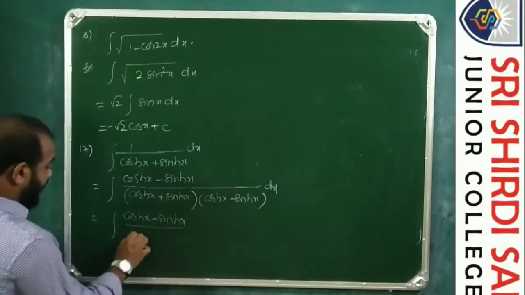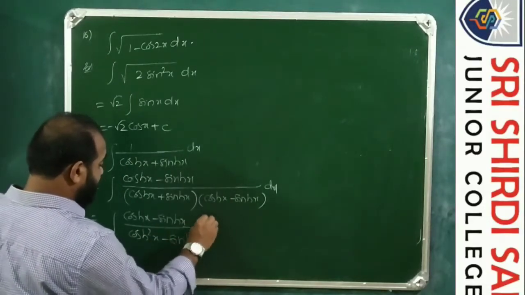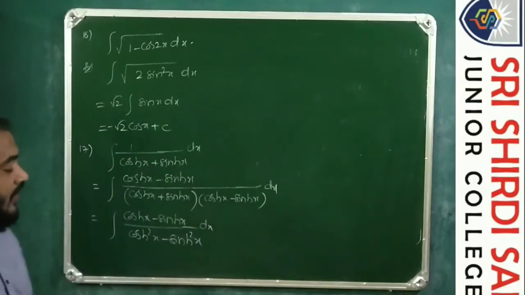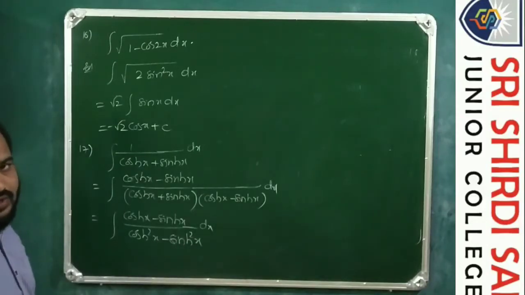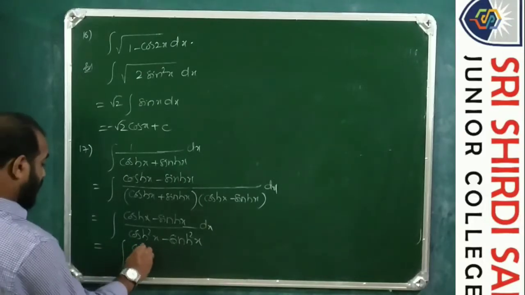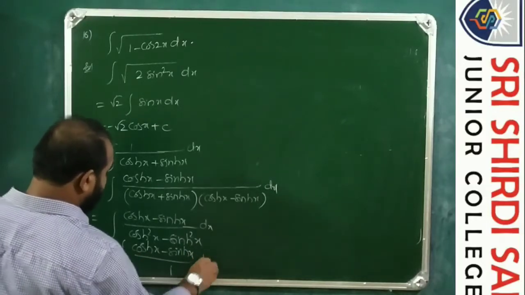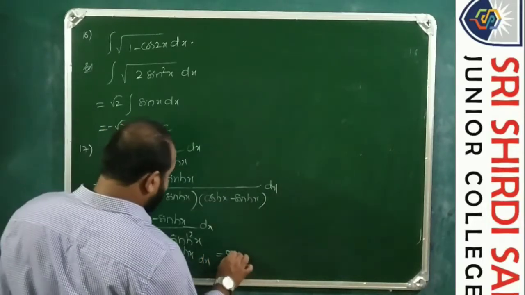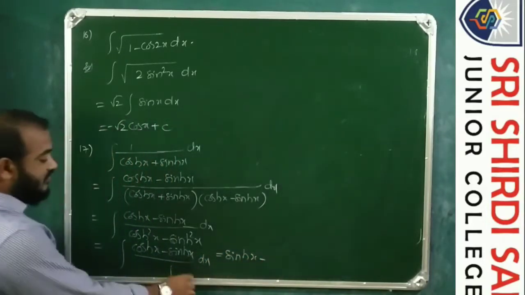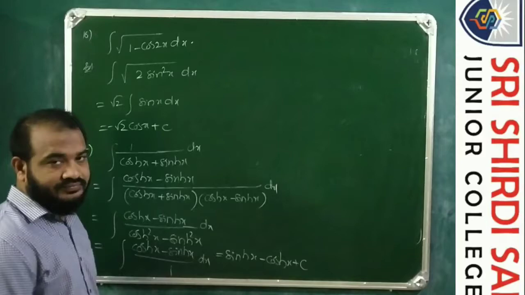So cos h square x minus sin h square x dx. In the first year we have learnt that cos h square x minus sin h square x is equals to 1 in hyperbolic trigonometric functions. So this is equals to cos hx minus sin hx by 1 dx. Therefore this is integral cos hx dx is sin hx minus integral sin hx dx is cos hx plus constant of integration c.